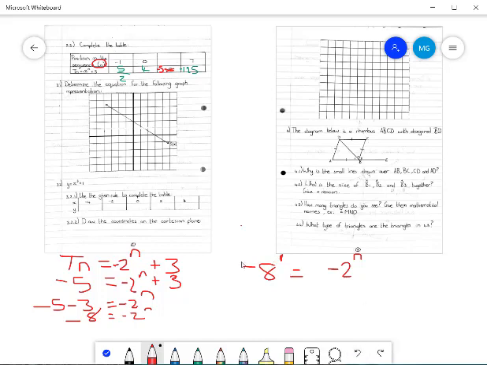For me to get from minus 8 to minus 2, I need to figure out what type of root. Is it a cube root? Is it a square root? What type of root do I need to use to get minus 8 to minus 2?